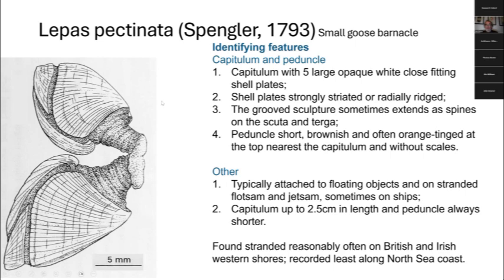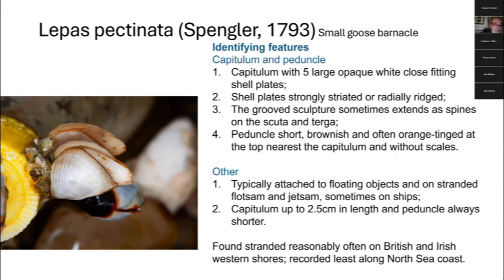The plates are strongly striated and radially ridged, and sometimes so strongly ridged that they show as little spines on the scuta and terga. The peduncle is short, brownish, often orange tinged at the top, nearest the capitulum in fresh specimens.